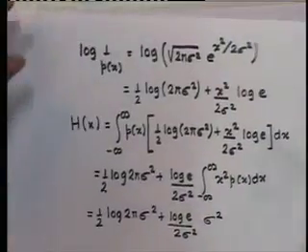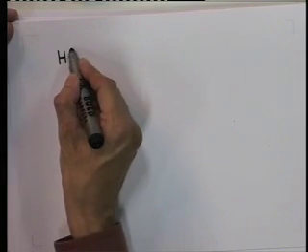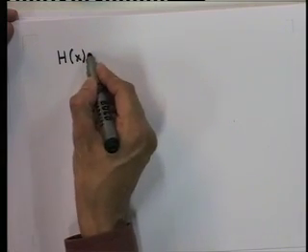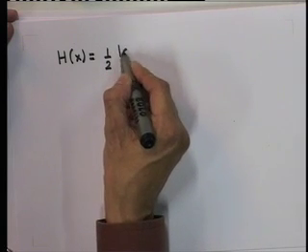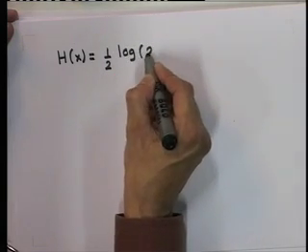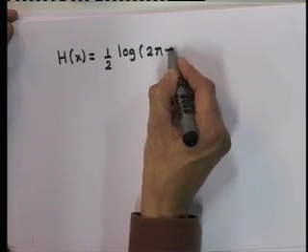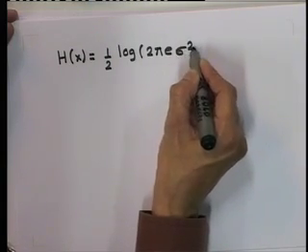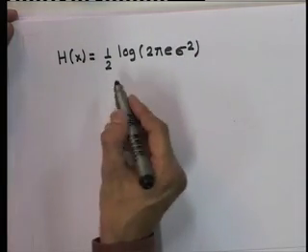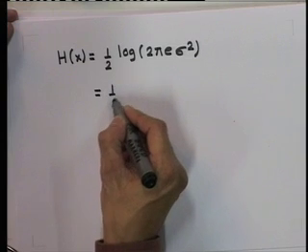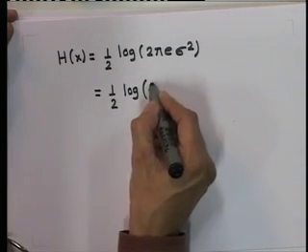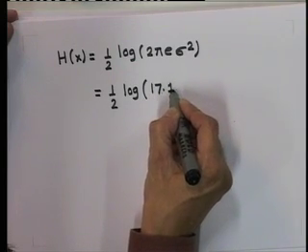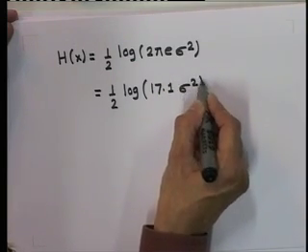So, the final result which we get as differential entropy, the maximum value, is equal to half log of 2 pi e sigma squared, or it can also be written as half log of 17.1 sigma squared.